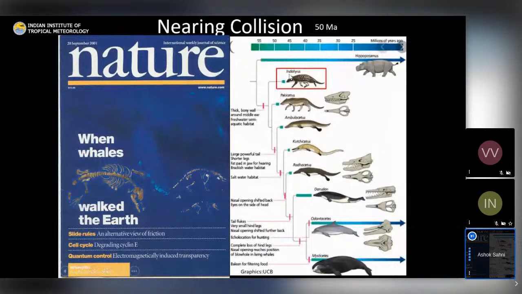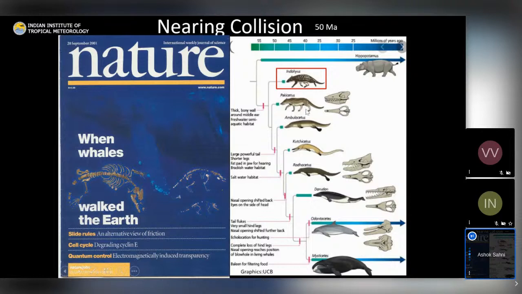So the early part of whale evolution is in a tectonic context. It is when India was nearing collision. You had a land animal, Indohyus, that slowly evolved into a whale. The first whales are Pachycetus and Himalayacetus.